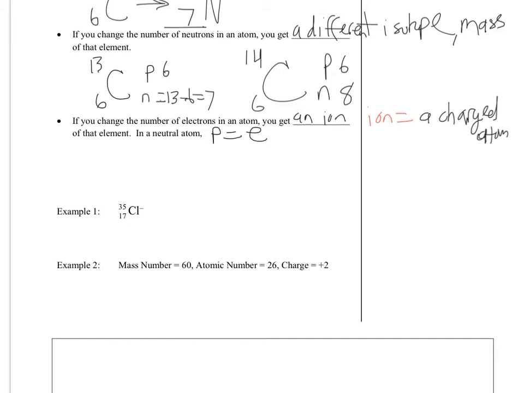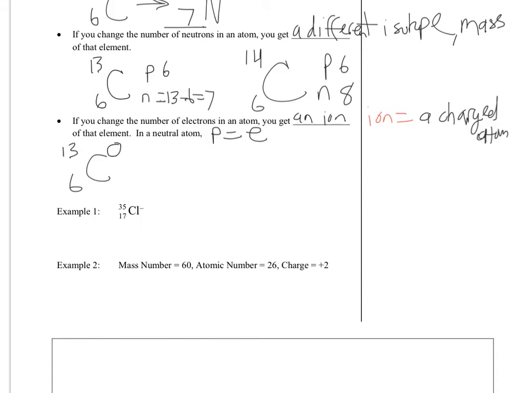So let's talk. I'm going to do the same thing. I have my carbon here, okay? And a charge, if you remember, goes in the upper right, like in this example here. In this example, there's nothing in the upper right. This is a neutral atom.